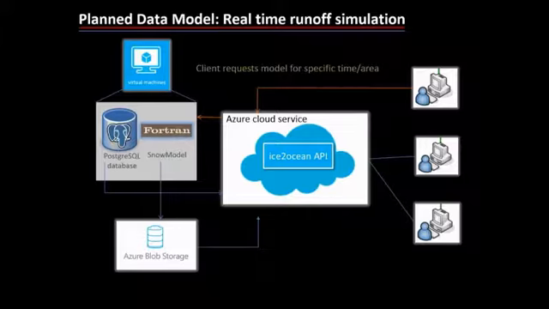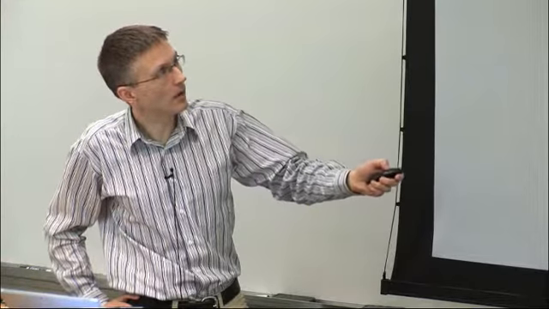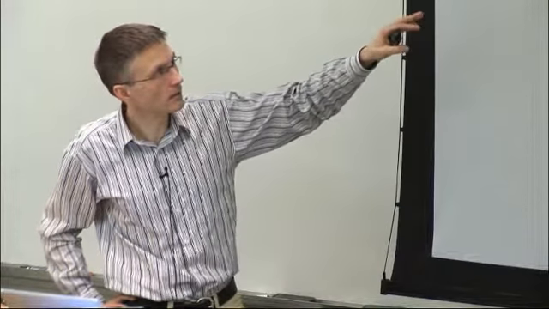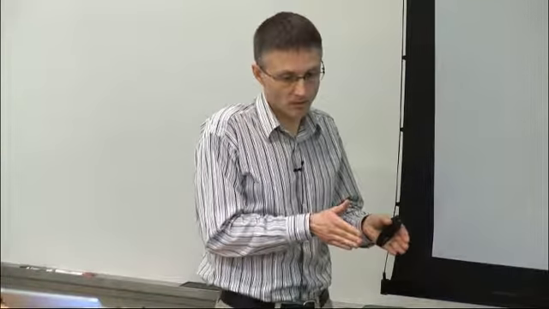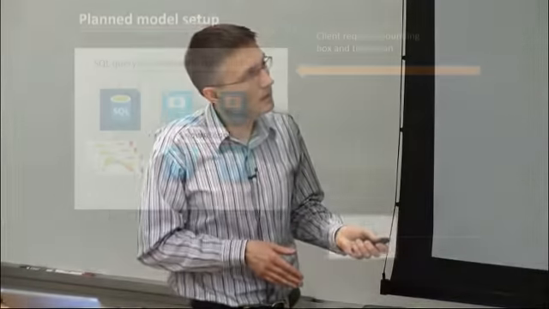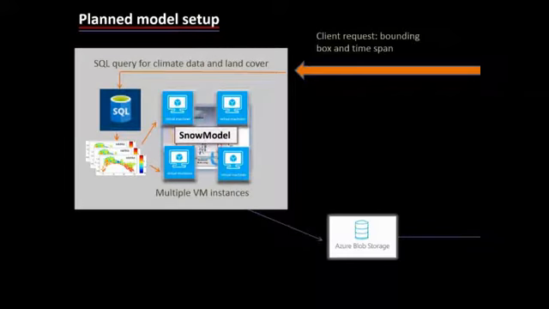What I'd ideally like to build into this in the future, and I'd welcome any ideas on how to do this well, is to allow the clients to request a model run for a specific time and area. So give me a bounding box and a certain time period, so that we can run the model according to whatever call is made from the client.